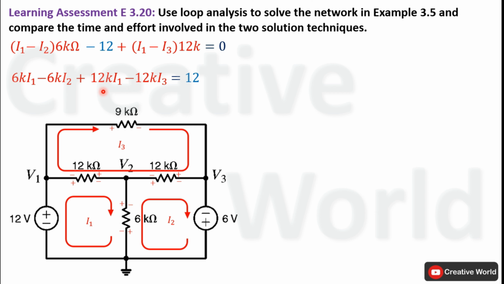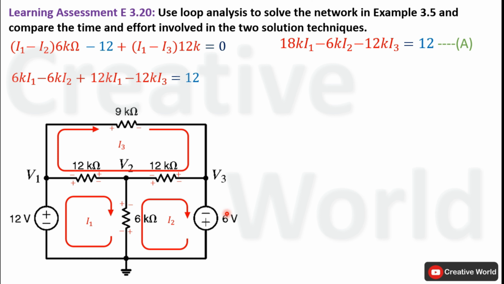Now add same variables together, 12k I1 and 6k I1 will become 18k I1 minus 6k I2 minus 12k I3 equal to 12. Now we cannot further solve this equation, so we will leave it for now and label this equation as equation A. This is the first loop equation of this network. Move towards second loop.